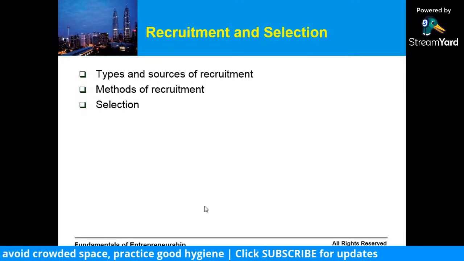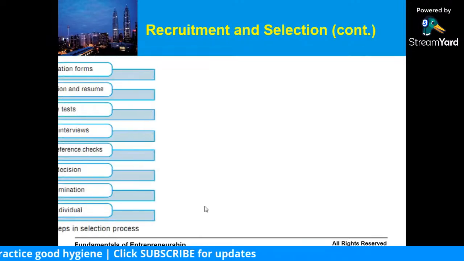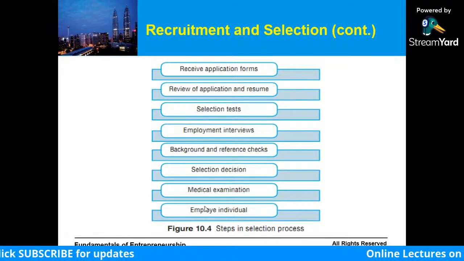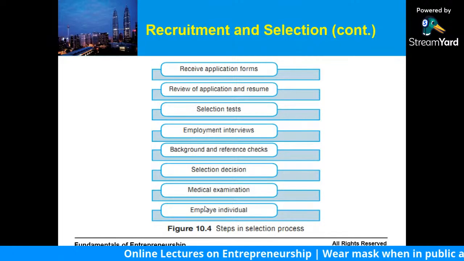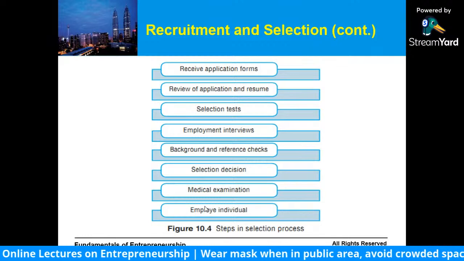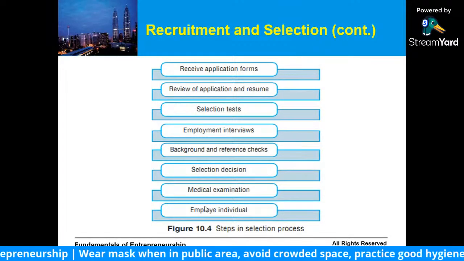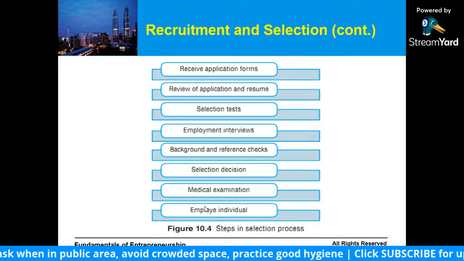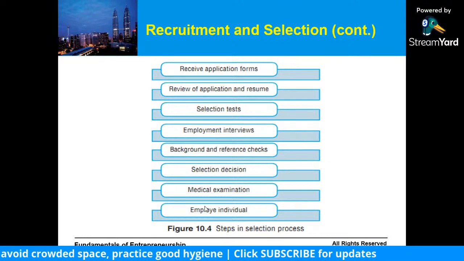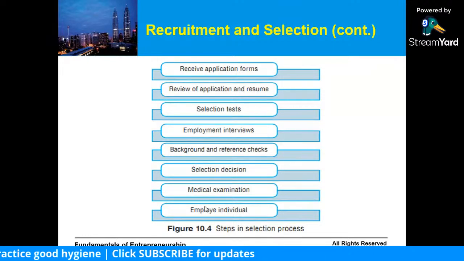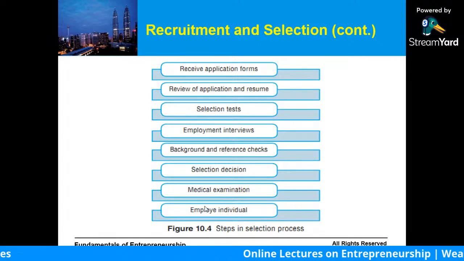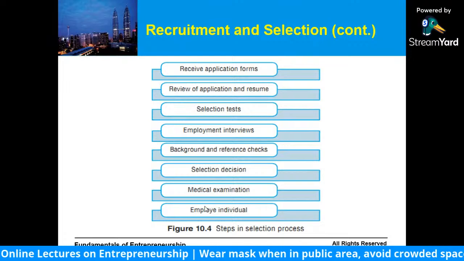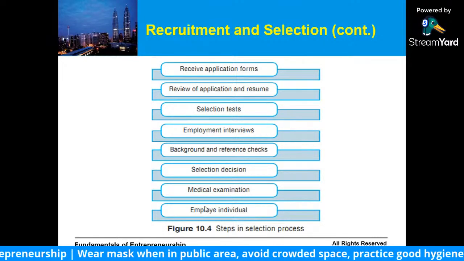Methods of recruitment. This is the selection process. It's normal: when you start a business, you want to hire people. You need to receive applications from them, and review their qualifications, looking at what skills they have acquired and what skills you need to give to them.